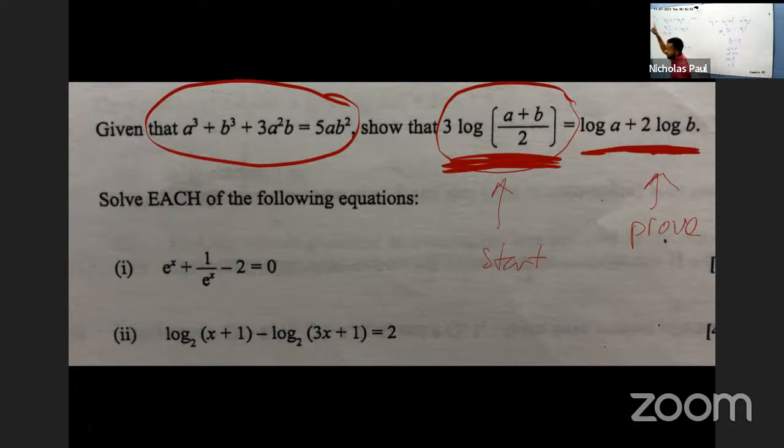You take the part that you're set to start with, and you have to find a way to make that look like the right hand side. Start with the correct side, right? 3 log of a plus b. Start with that.